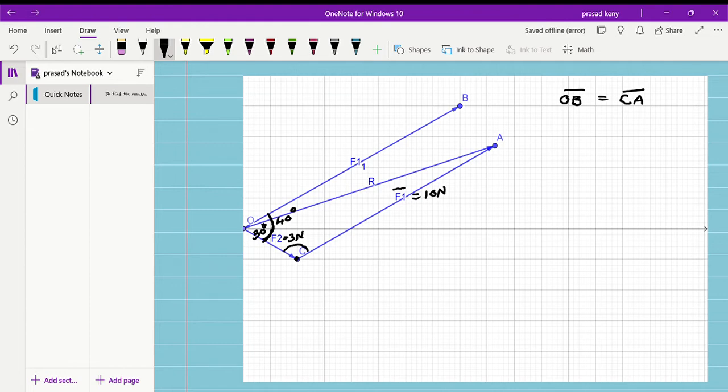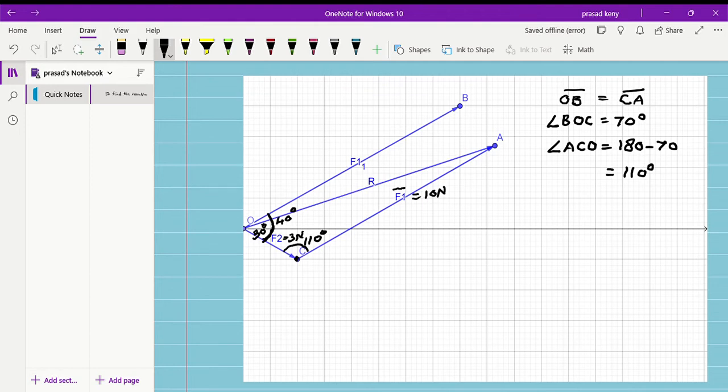That means since angle BOC is 70 degrees, 40 plus 30, then angle ACO, that is the interior angle, will be 180 minus 70, that is 110 degrees. So this angle is 110 degrees here.